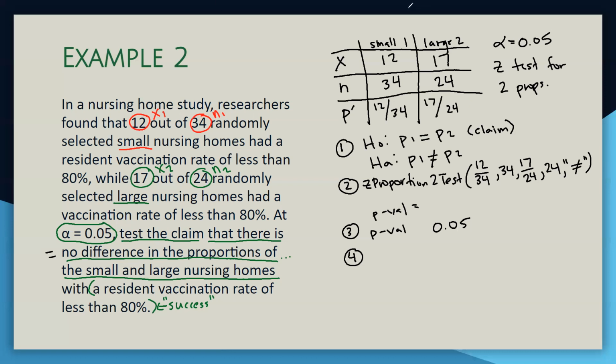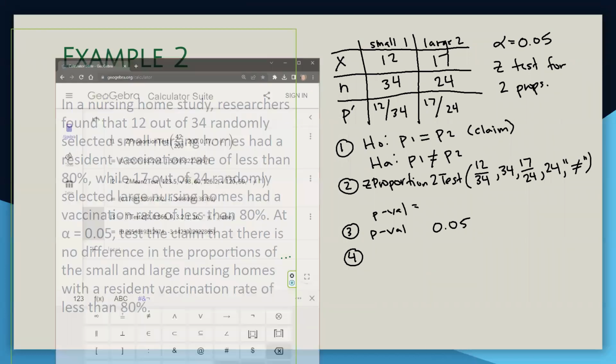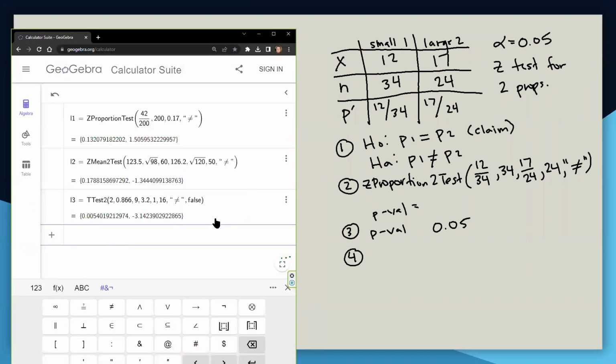So I'm going to go ahead and clear out all of the scribbles over here so we can see our GeoGebra window clearly. Let's go ahead and pull that up. So in our input box, we're going to type Z proportion.